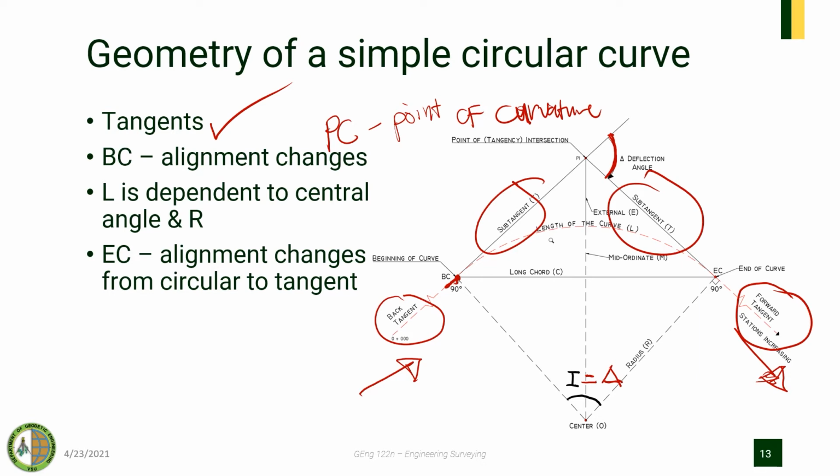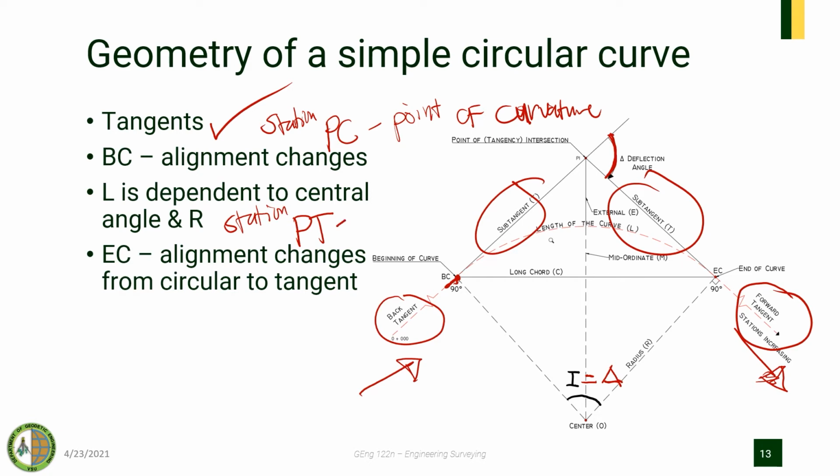We have also EC, or end of curve, which is where the alignment changes from circular to tangent. Other references denote it as PT, with station PC and station PT.